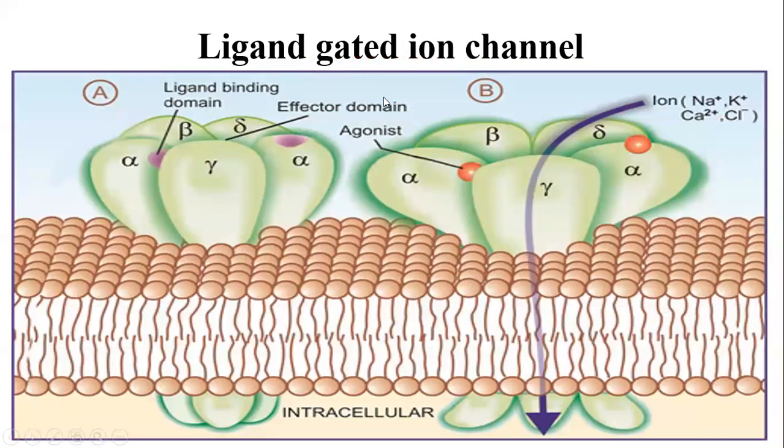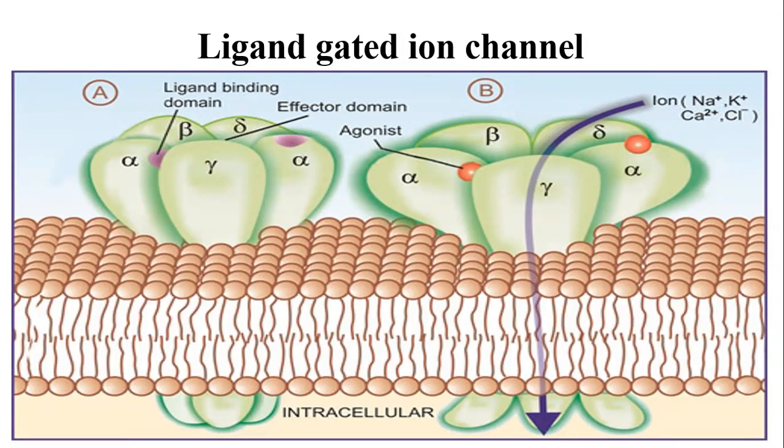So what is a ligand gated ion channel? First, the receptor subtypes: there are ligand gated ion channels, G protein coupled receptors, and tyrosine kinase activated receptors, which are nothing but enzyme linked receptors. Mostly 80% of drugs act through G protein coupled receptors.